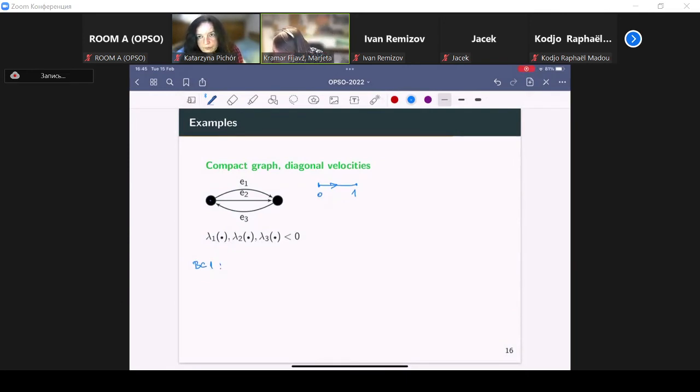So boundary condition 1, I would say U1 in 0 plus U2 in 0, so both functions here should be the same as this one, U3 in 1. And then in the other vertex, U3 in 0 should be the same as U1 in 1 plus U2 in 1.